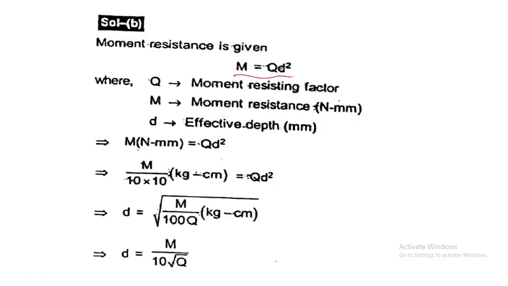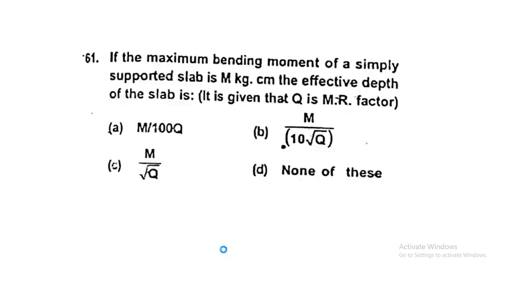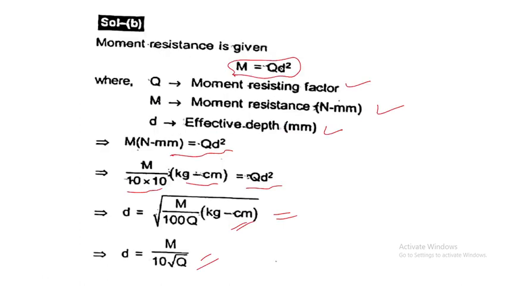Moment of resistance M is equal to Q D square, where Q is the moment resisting factor, M is the moment of resistance, and D is the effective depth. So M is equal to Q D square, and D is equal to root of M by 100 Q, that is M by 10 root of Q. So the answer for the given question is M divided by 10 root Q.